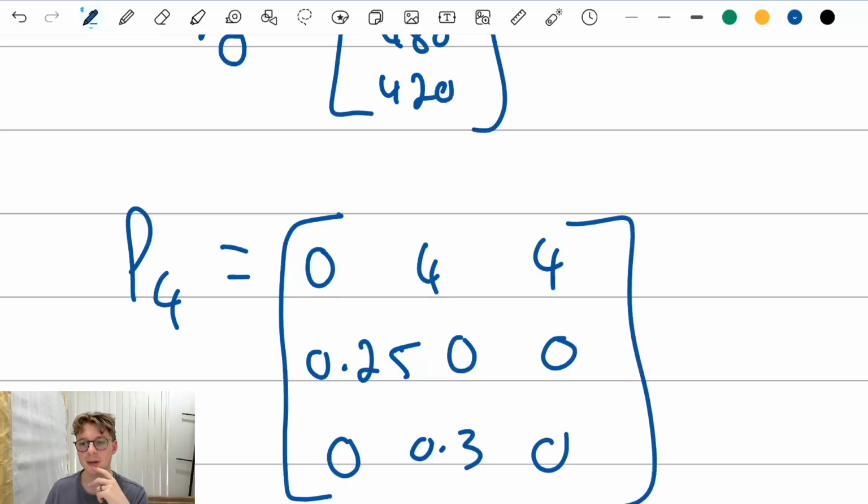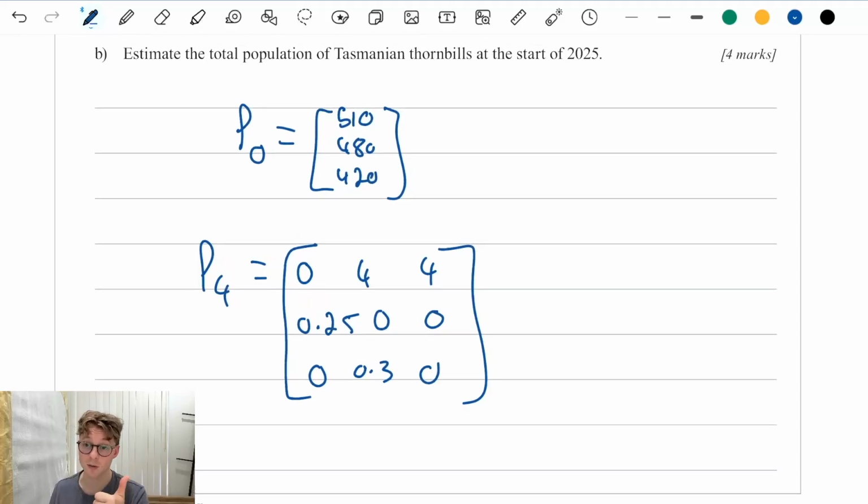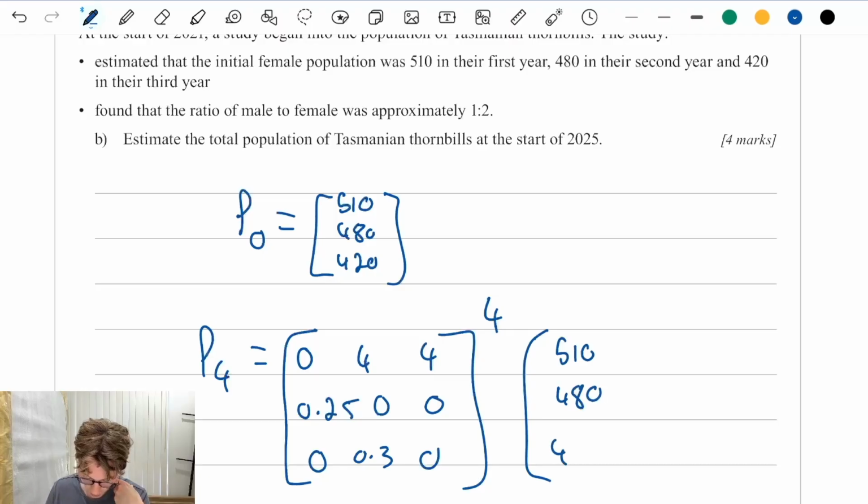Okay, so that's my Leslie matrix. We said power of 1 gets us to the start of 2022, power of 2 the start of 2023, power of 3 the start of 2024, and power of 4 the start of 2025. So I'm taking my Leslie matrix to the power of 4, multiplying by my original population of 510, 480, 420. Now you can store these matrices.